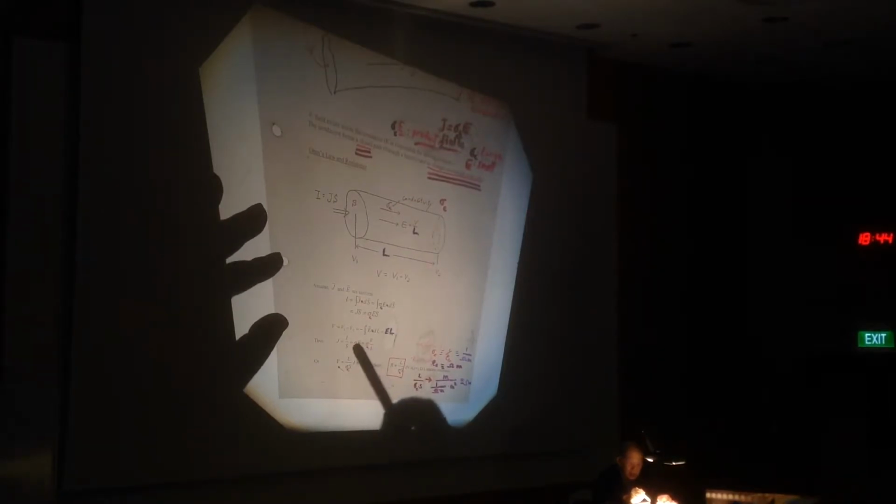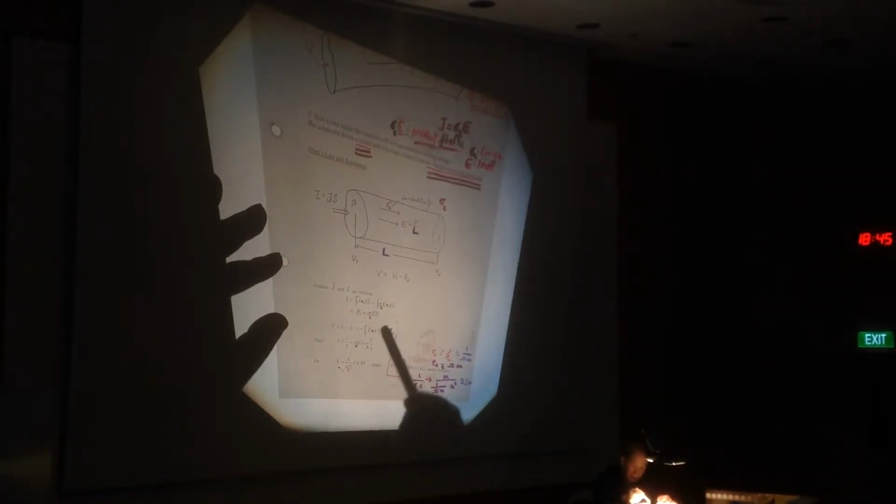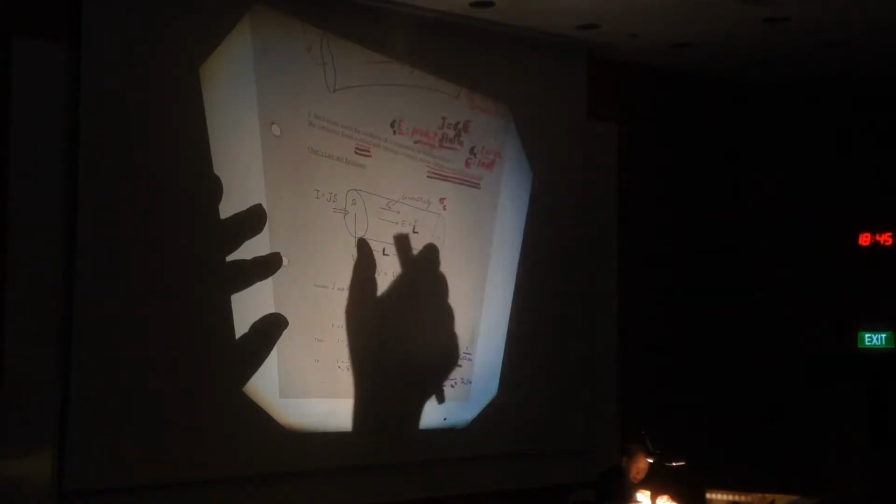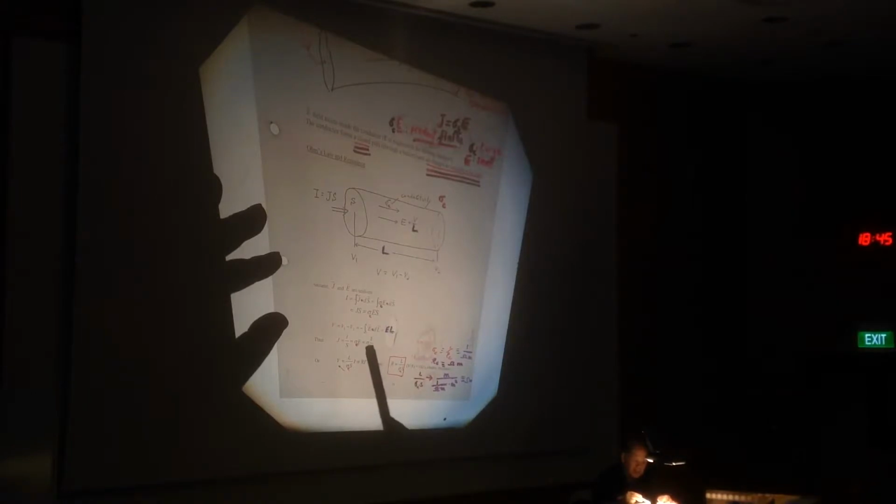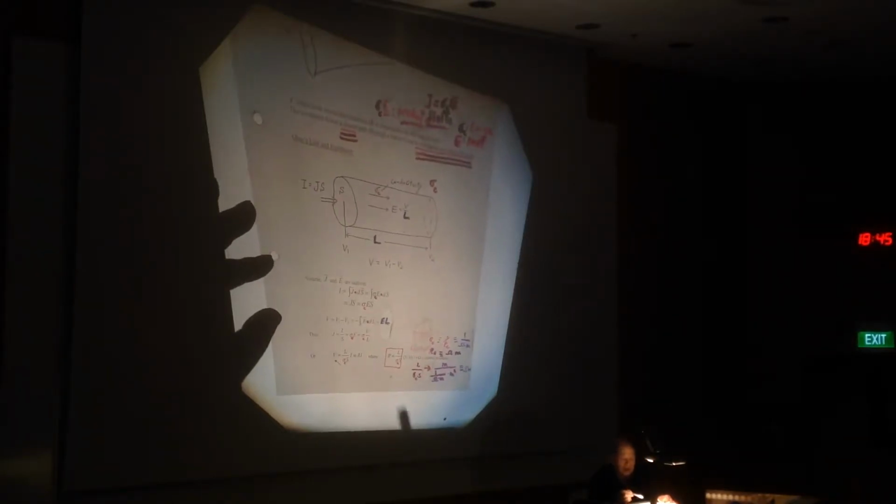So therefore, the current density is I upon S, J equals sigma C times E, and this one we know already. We know that the electric field is given by V upon L, where V is the potential difference between V1 and V2, which is sigma C V upon L, or V is L upon sigma C S times I. You say Ohm's law.